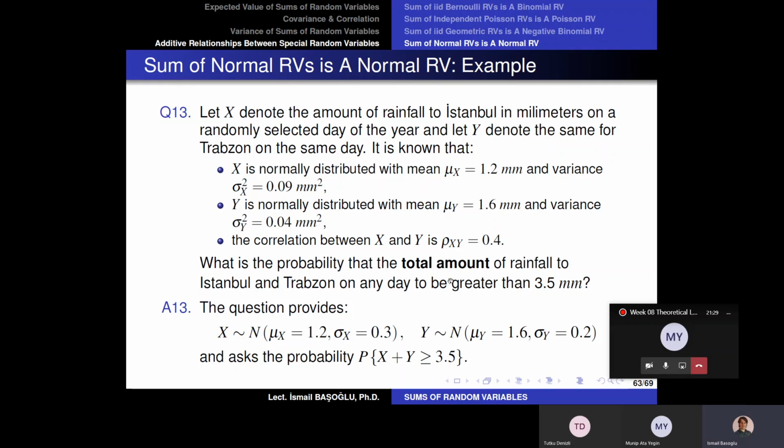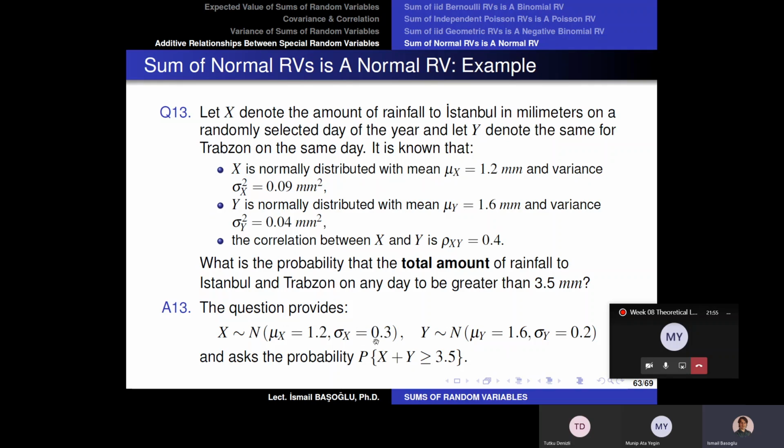What is the probability that the total amount of rainfall in Istanbul and Trabzon on any day is greater than 3.5 millimeters, it says. So the question provides me this information. X is normally distributed with location parameter 1.2 and scale parameter 0.3, and Y is normally distributed with location parameter 1.6 and scale parameter 0.2.